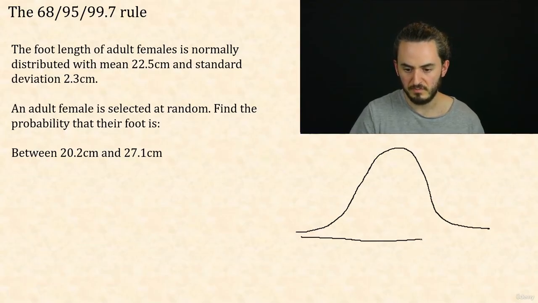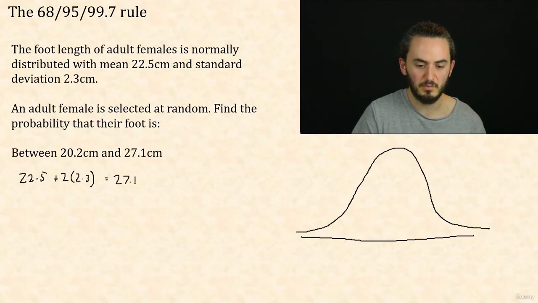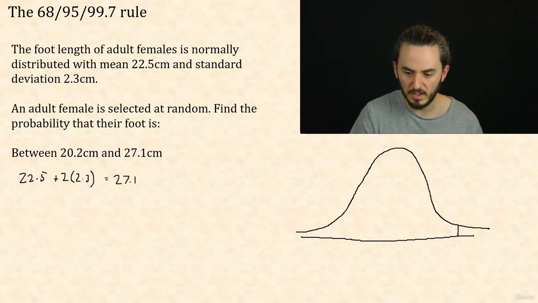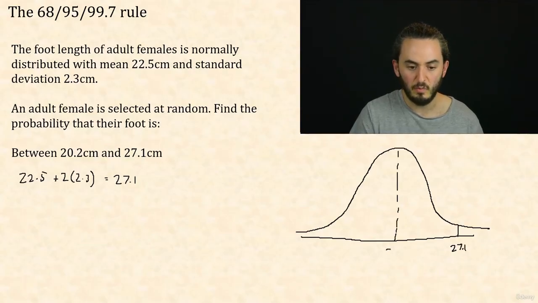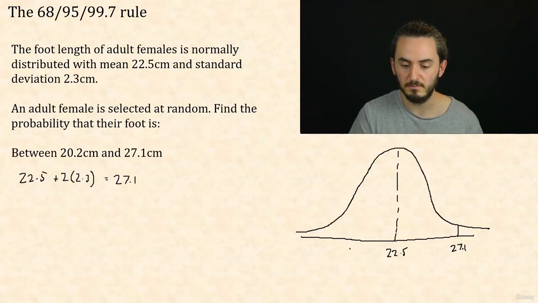We've established that if we take the mean of 22.5 and add 2 standard deviations, that gets us up to 27.1. So I know that the point up here of 27.1 is 2 standard deviations above the mean. One of the facts in the rule is that 95% of the data is within 2 standard deviations of the mean. So here's 2 standard deviations below the mean.